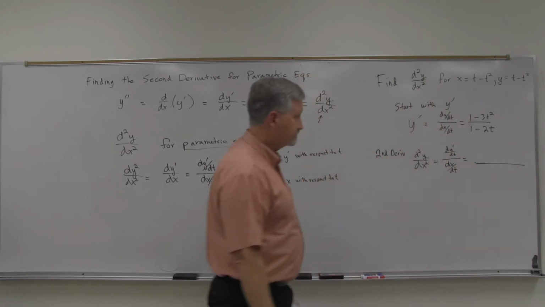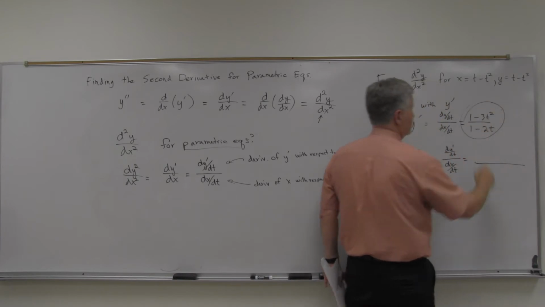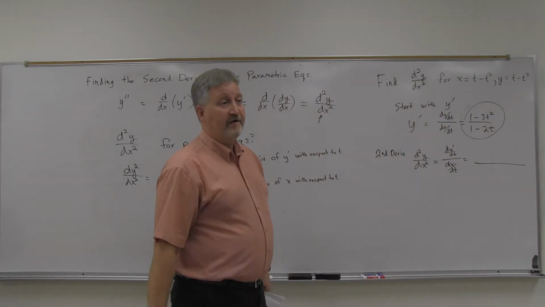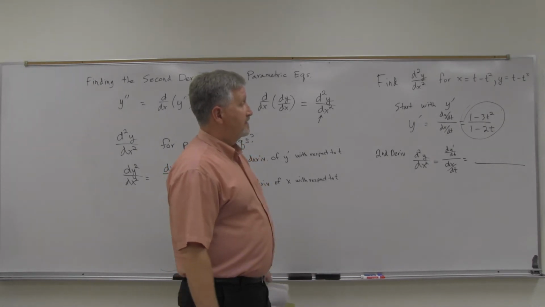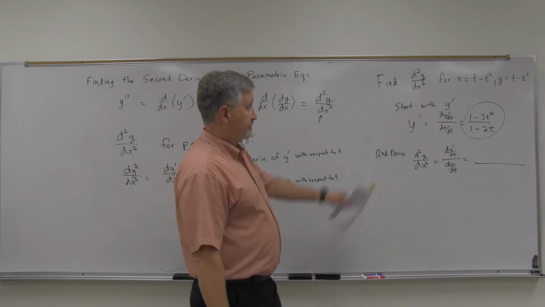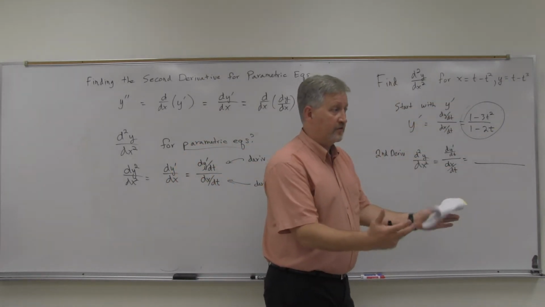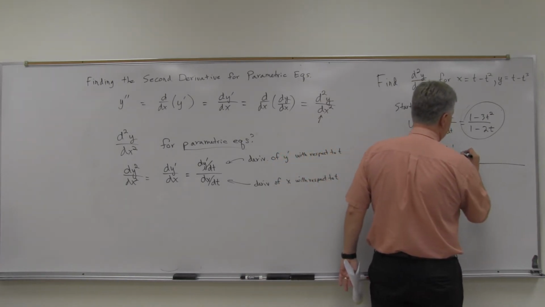Now, to get the derivative of y prime, how are we going to do that? Well, now it's a quotient, so we are going to have to use the quotient rule. We haven't had to pull that out just yet because of the original functions, but now the y prime is a quotient, and so quotient rule is what we're going to do here.